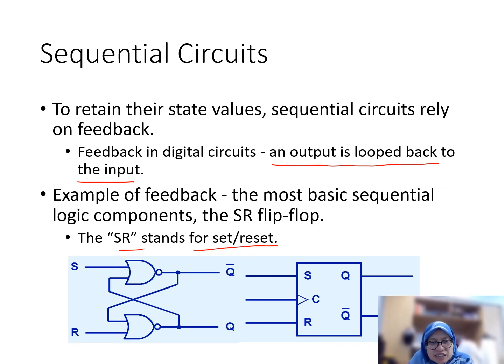As you can see here, the Q value, or the output, will be fed back to R, and Q bar will be fed back to R, and then Q would be fed back together with the S, with the NOR gate, to the NOR gate. C here is referring to the clock. So when the clock changes, the state will change.